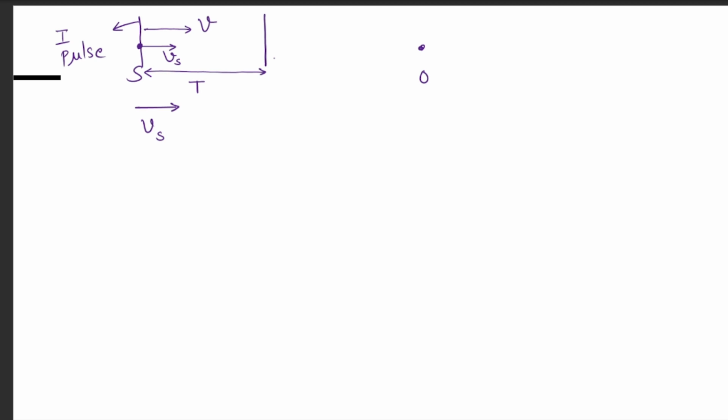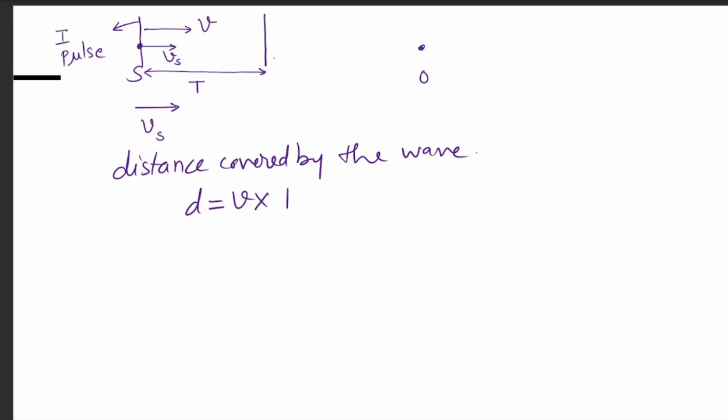So first of all, the distance covered by the wave, how much would it be? d is equal to velocity of wave into the time period.